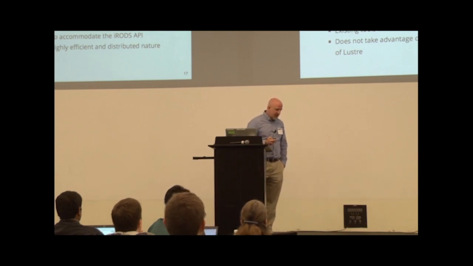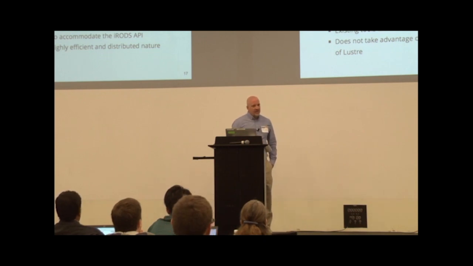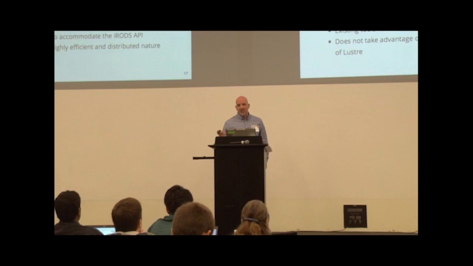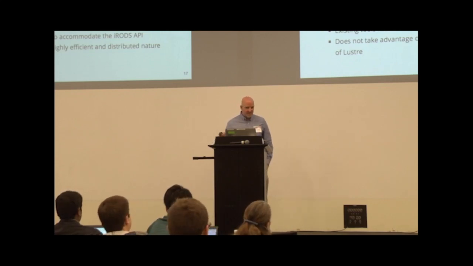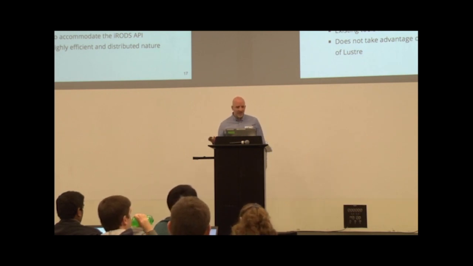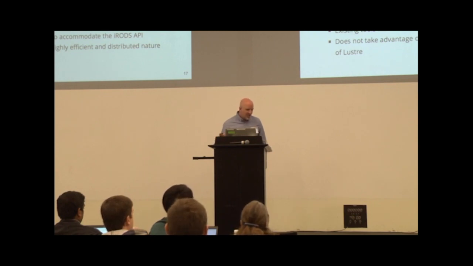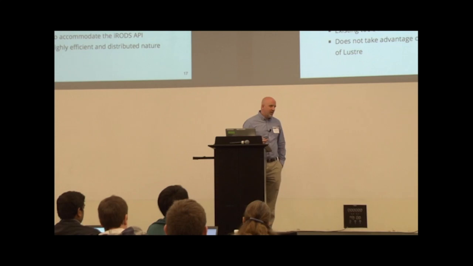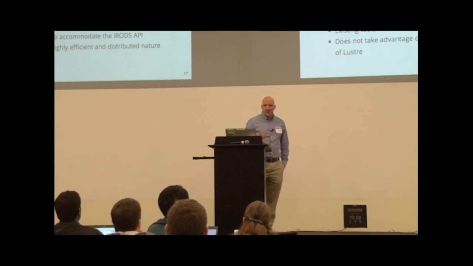Now, iRODS already supported Lustre as far as a vault, which is a storage within iRODS. Any POSIX system can be your vault. So you could always have a Lustre system as a vault within iRODS. But that has some drawbacks. One is that when you put something directly in a vault, iRODS wants to be the manager of it.